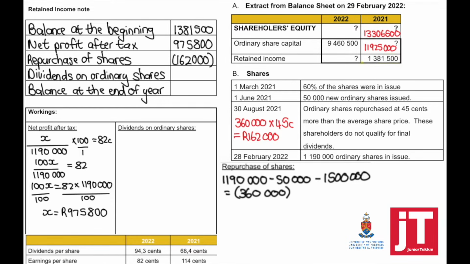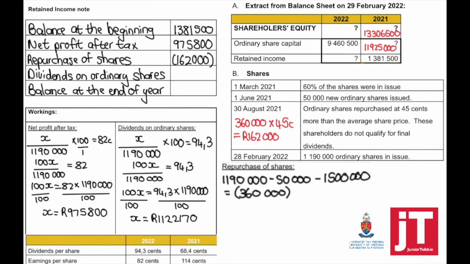To calculate the dividends on ordinary shares, I still have two unknowns. I've got the balance at the end, which is a question mark, and the dividends on ordinary shares. So again, I can use the financial indicator dividends per share to calculate the dividends on ordinary shares. Why? Because dividends per share consists of dividends on ordinary shares divided by the number of shares in issue.